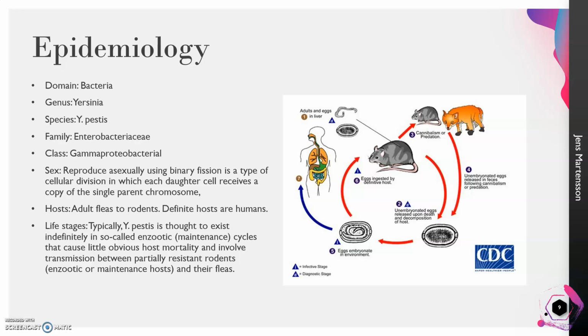So the hosts are adult fleas and rodents, and the definitive hosts are humans. Life stages: typically, the bacteria is thought to exist indefinitely in so-called zoonotic cycles that cause little obvious host mortality and involve transmission between particularly resistant rodents and their fleas.